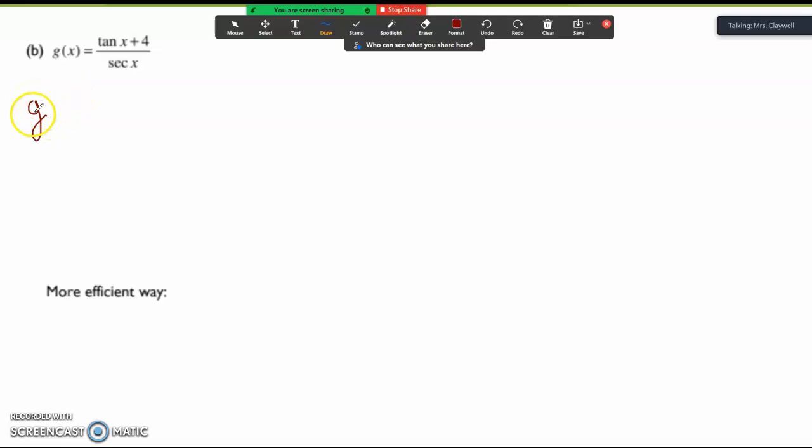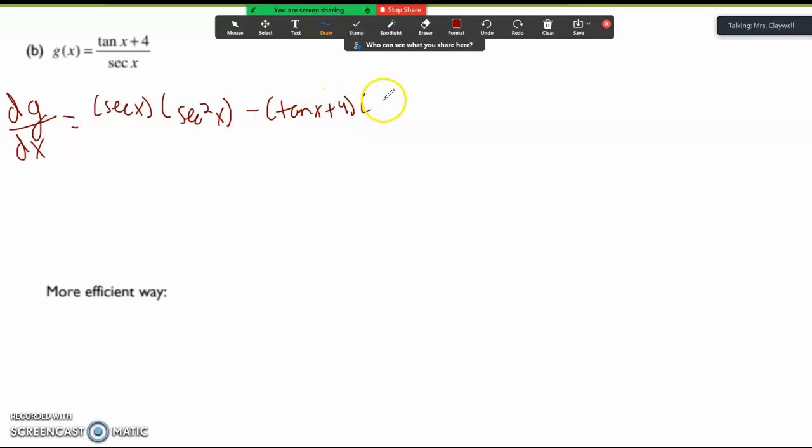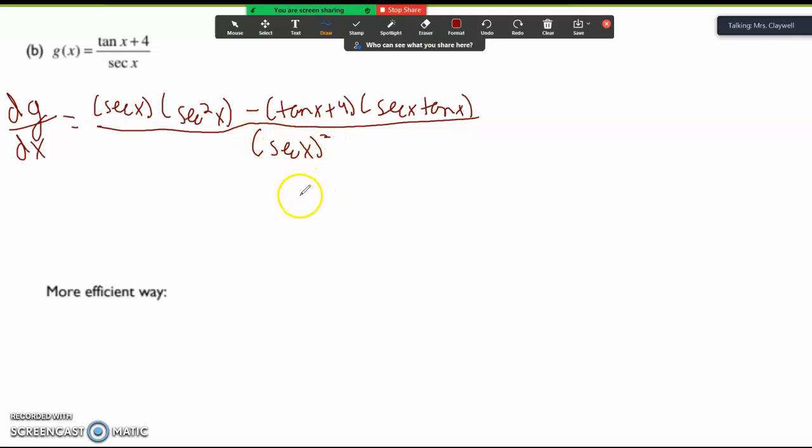So my derivative of g, if you want to think of it this way, is also my derivative of g with respect to x, low d high, the derivative of 4 is 0, minus high d low, then we square what's down below.